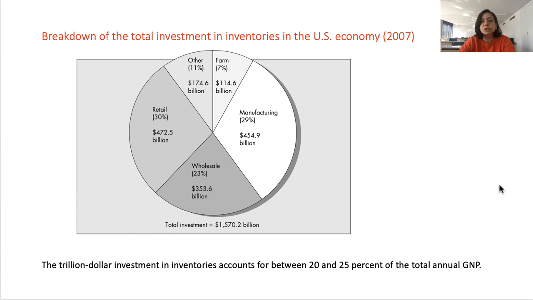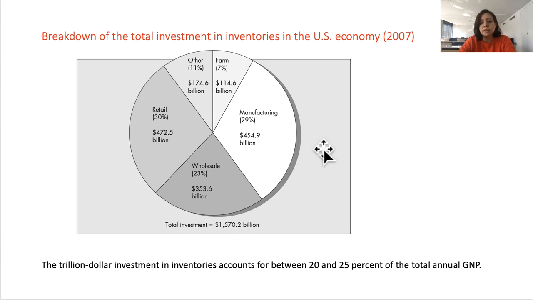Here is a graph showing the breakdown of the total investment in inventories in the US economy. This data belongs to 2007, but probably the situation is very similar now.